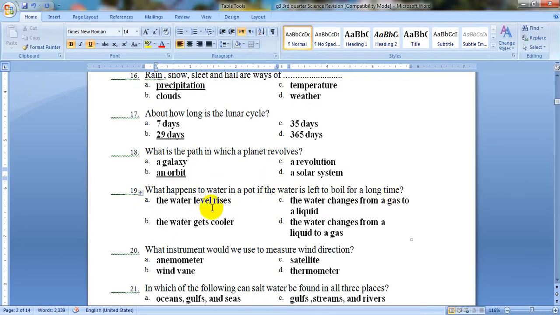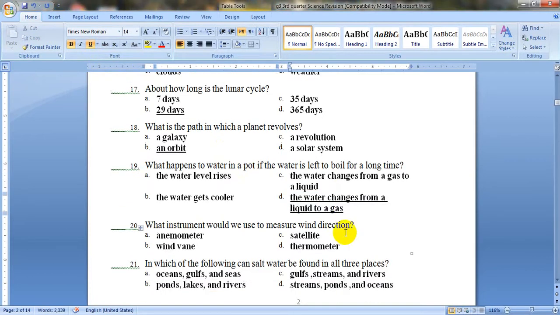The water level rises, the water gets cooler, the water changes from a gas to a liquid, or the water changes from a liquid to a gas. Of course, when we heat or boil water, the liquid water will change to be gas.